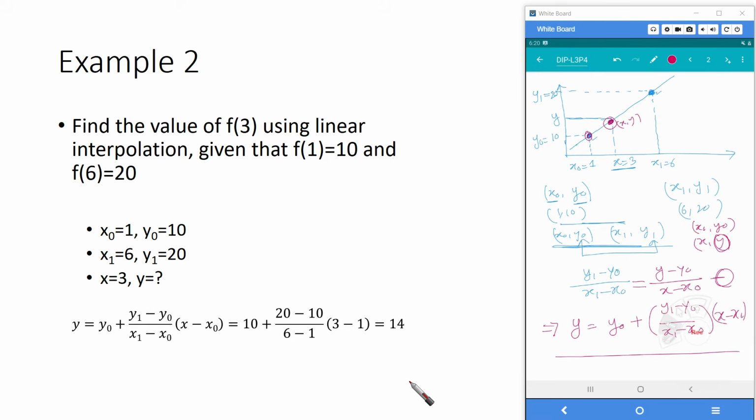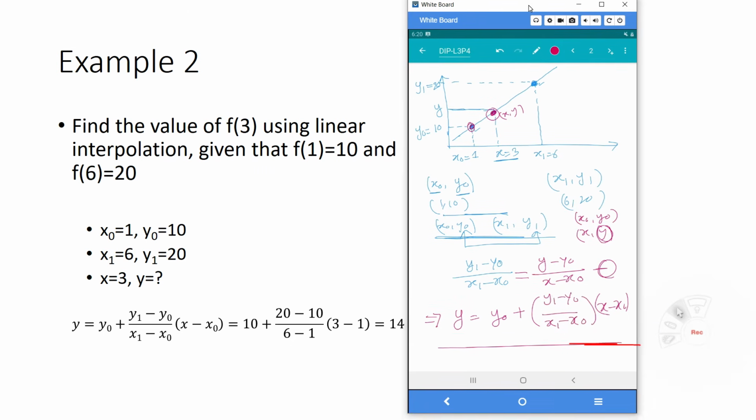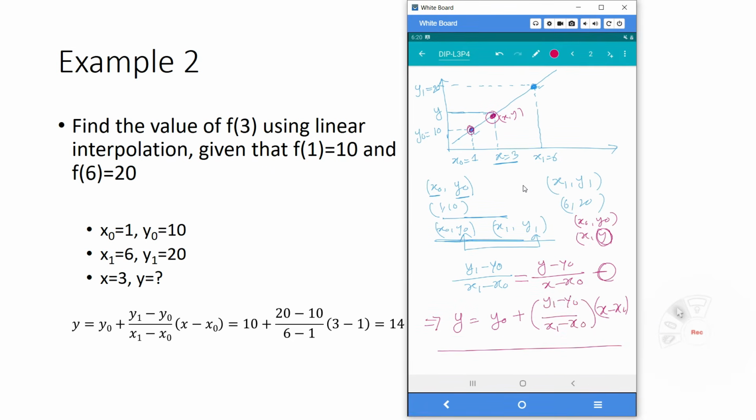But now let's look at this equation a little bit differently. I will write this equation in a different form.